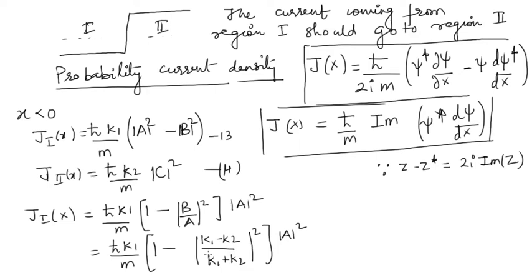When I solve this 1 minus, I will take (k1 plus k2) whole square as LCM, and then by solving this I will get h cross k1 upon m, and inside I will get 4 k1 k2 upon (k1 plus k2) whole square, into mod a square. Now if I take k2 outside here and k1 here, I will get h cross k2 upon m, 4 k1 square.